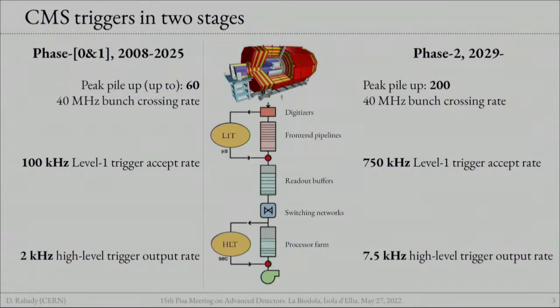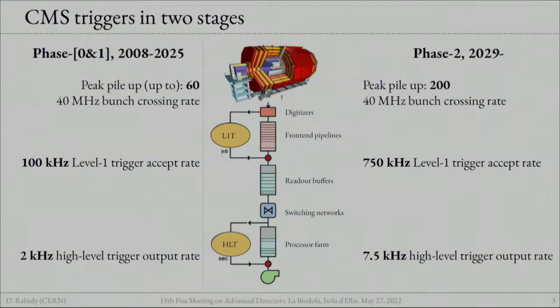In phase 1, which will go until 2025, we're expecting a peak pileup of up to 60. We then read the detector at 100 kilohertz, so this is the level 1 readout rate, and then we store physics events on tape at about 2 kilohertz.